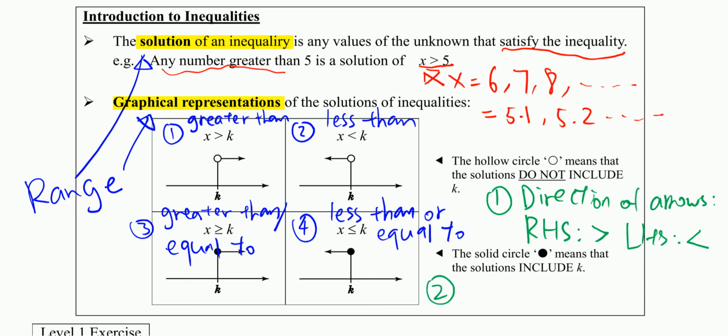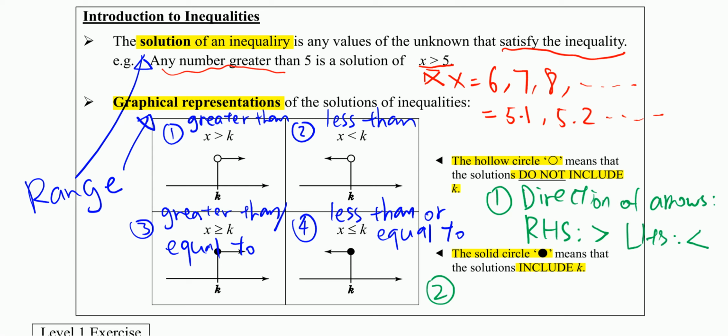And for the second case, we need to consider equal or not equal, which you can follow in my notes here. If we want to represent a solution that is not equal to k, we can use a hollow circle. And a solid circle means the solution should include k. That means your answer should be greater than or equal to, or less than or equal to.